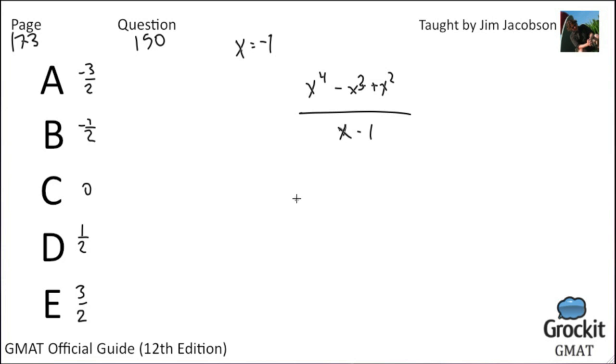Let's fill in the blanks. X to the 4th is 1, it's an even one. X to the 3rd is -1. X squared is going to be a positive 1. And then x itself is, of course, -1.